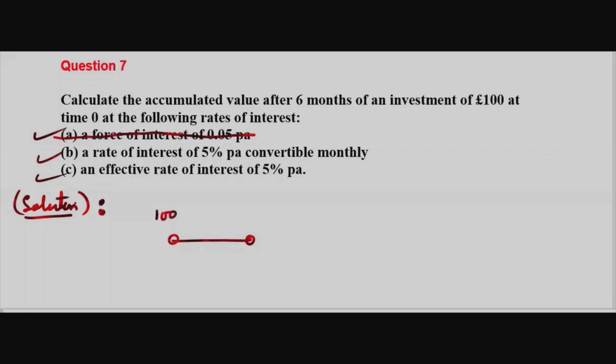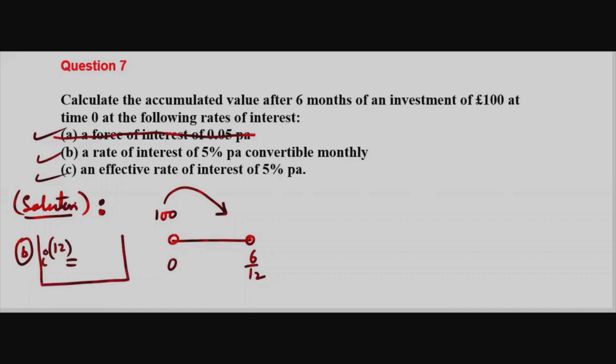Problems. Now in this, you have to find the value after 6 months. Here, what is given? A rate of interest of 5% per annum convertible monthly. So convertible monthly, i12 is given. From i12, you have to find this value.